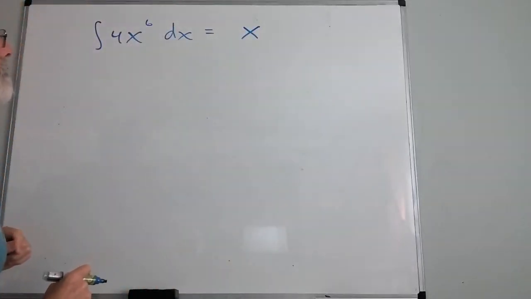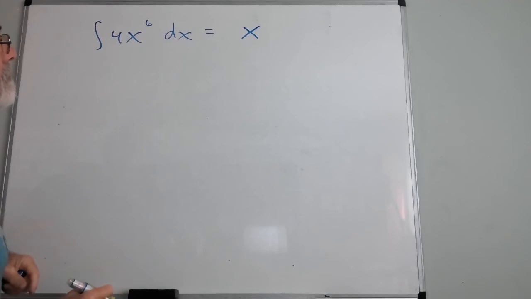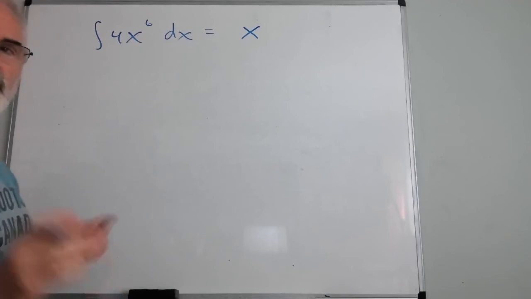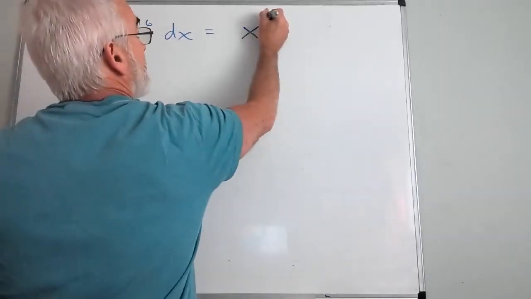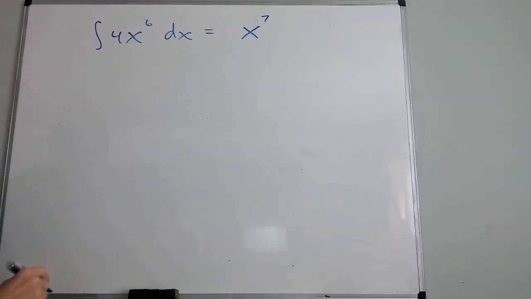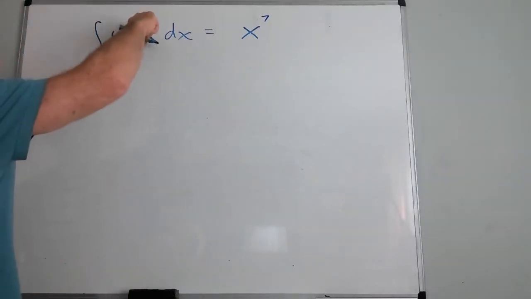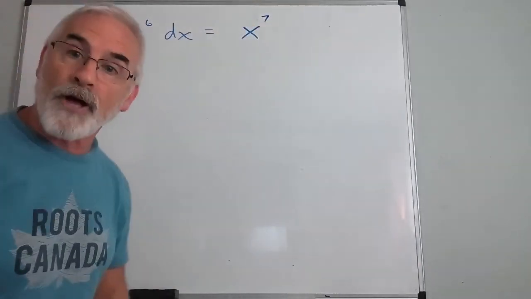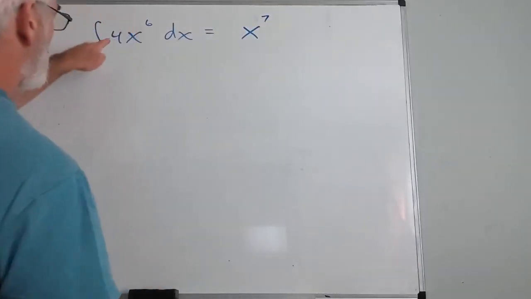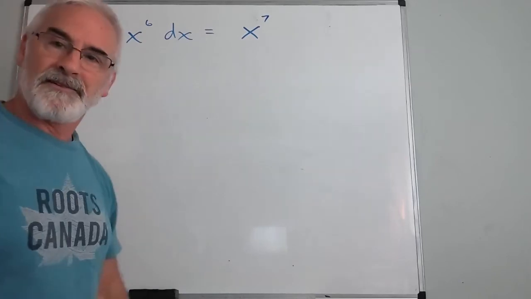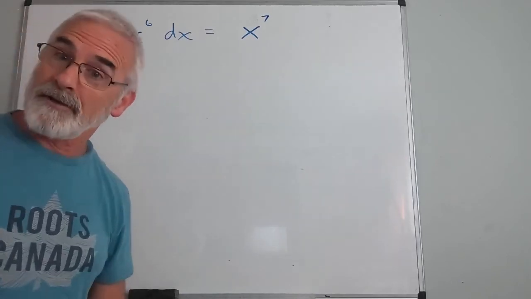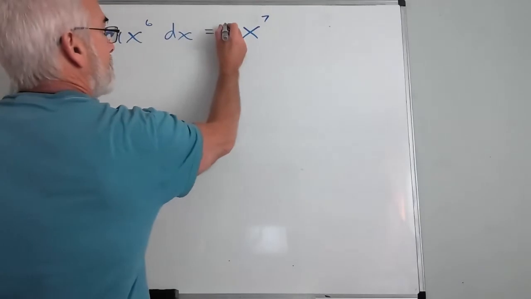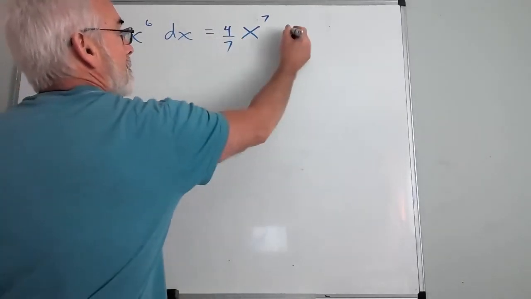Anybody? It's going to be a 7. Therefore, the coefficient does not involve 6. It's going to involve 7. There's going to be a 1/7. But what do I do with the 4? Multiply times 1/7.